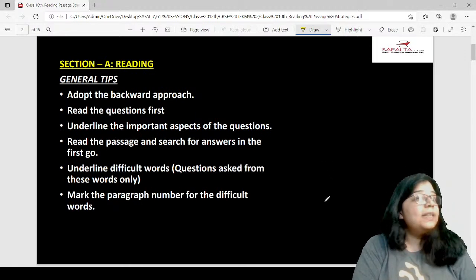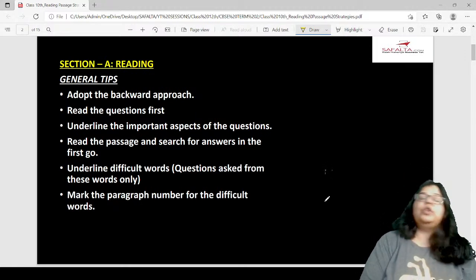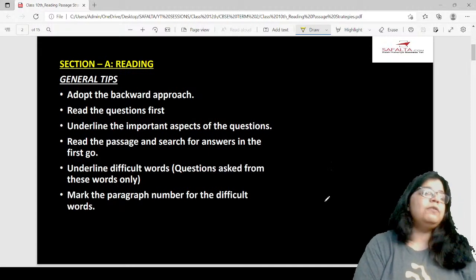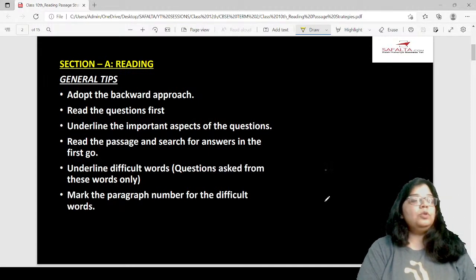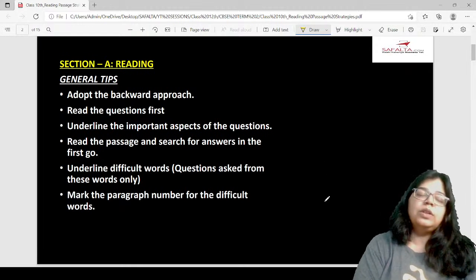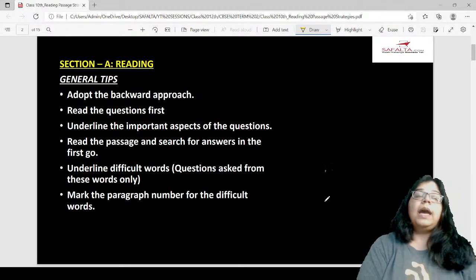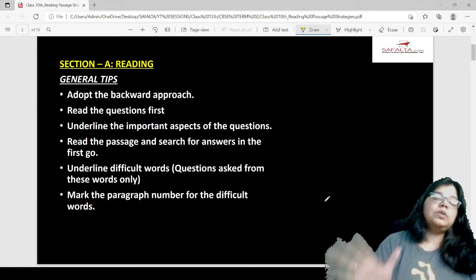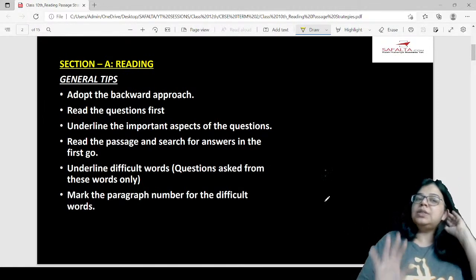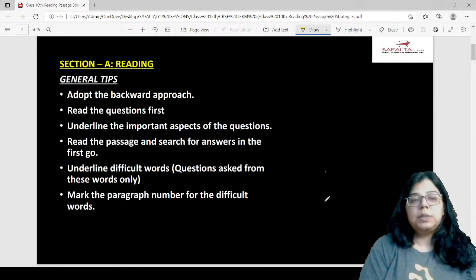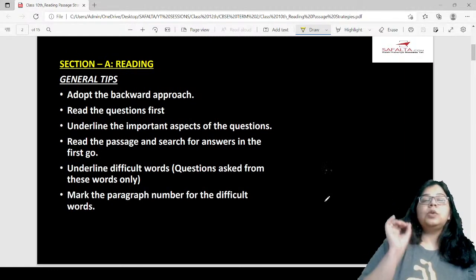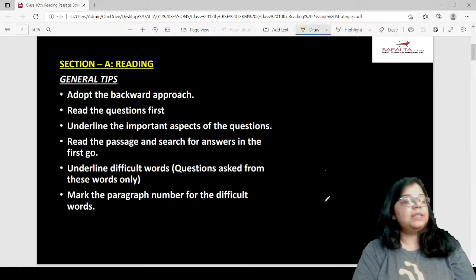Nobody is going to interview you on this passage. You're not going to be tested on this passage. But what do you have to do in this passage? You have to understand it in a manner so that you can answer the questions in the most effective manner. Answering the questions is the sole objective of reading this passage.